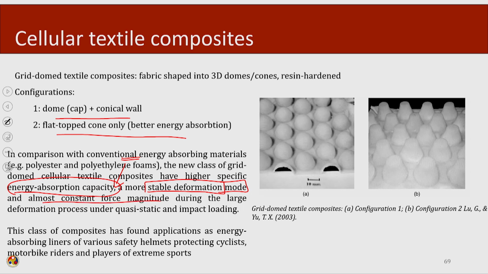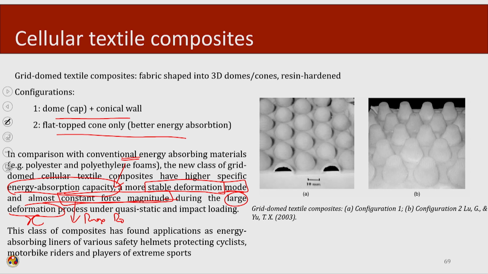This is the requirement for having R max versus R naught comparable. It also has a large deformation phase, which means that the stroke is more.